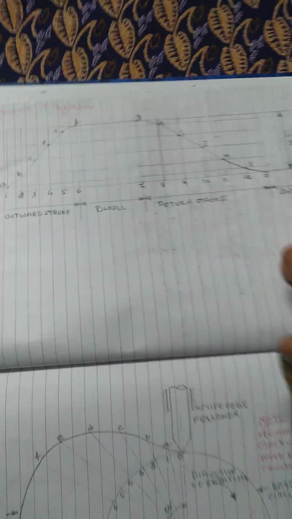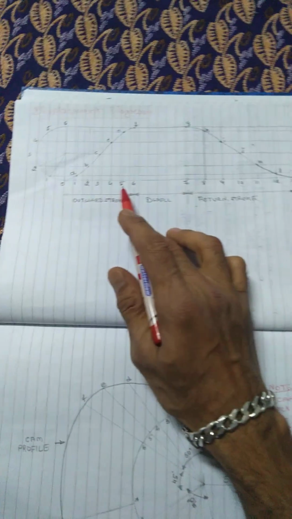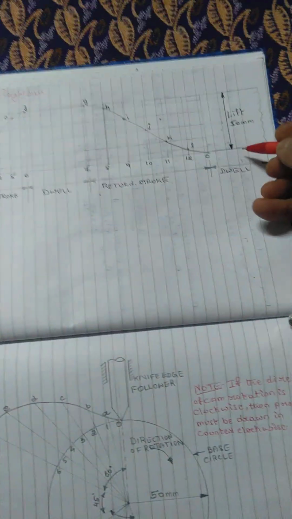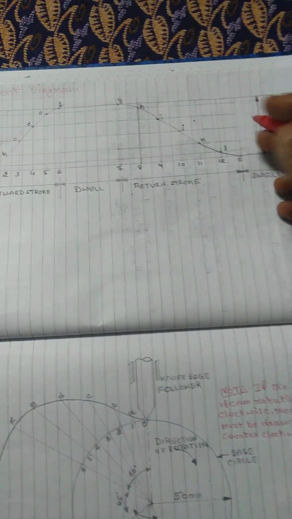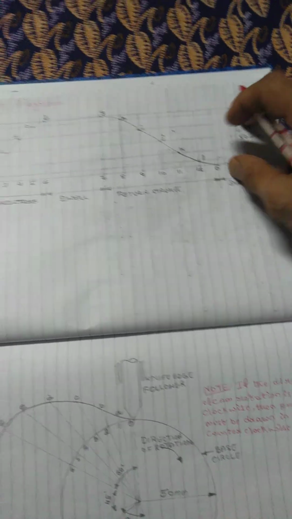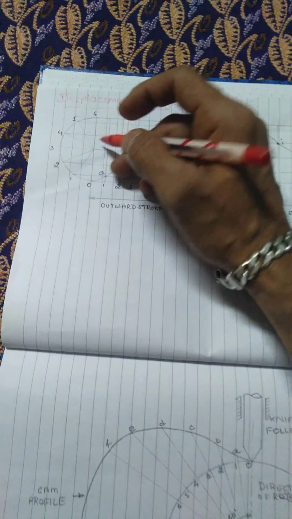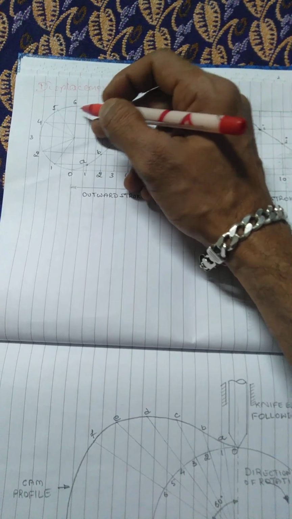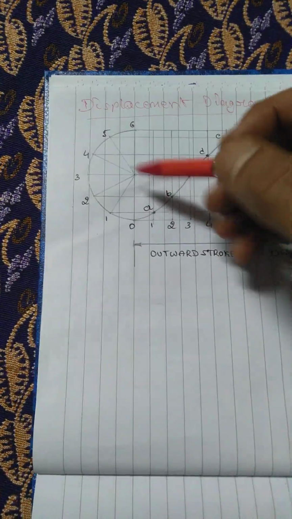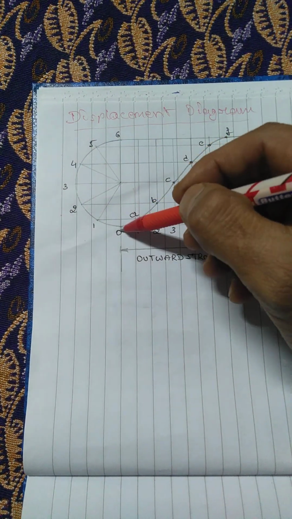Next, this is the displacement diagram. The lift is given as 50 mm in the problem. You can take any scale. Here I have taken 5 centimeter from here to here.